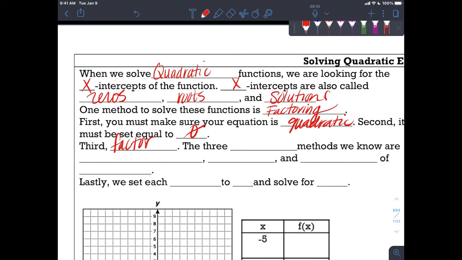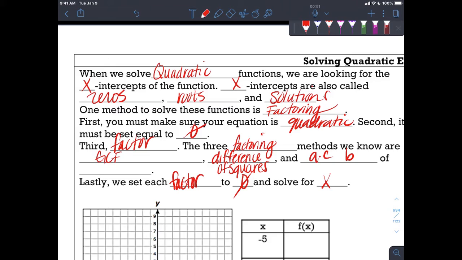The three factoring methods that we know of are greatest common factor, so pulling out what they all have in common, that fancy difference of squares, and that ACB method. That's what I call it. Lastly, we set each factor equal to 0 and solve for x.